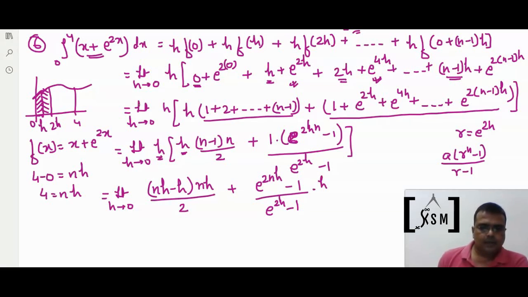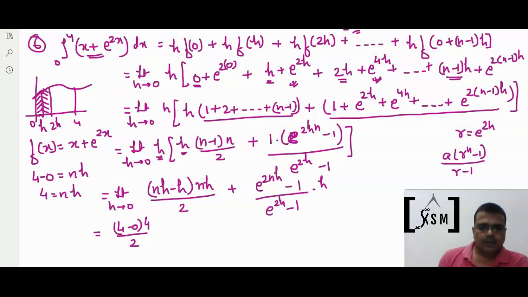Great. Now we know that nh is equal to 4. So here we can plug in 4. So the first limit, when h tends to 0, is 4 minus 0 times 4 all over 2. Right?